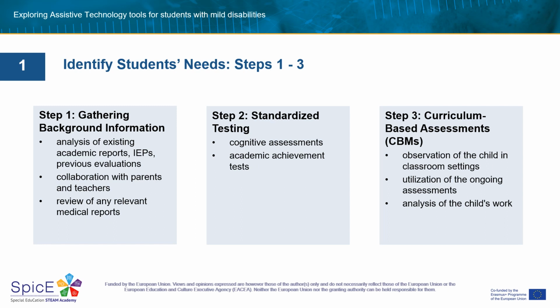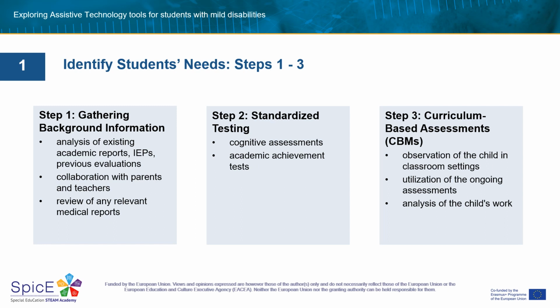The collaboration with parents and teachers is very essential to understand the child's strengths, weaknesses, learning styles, and any specific concerns they may have. This step also includes a review of any relevant medical reports to understand if there are any underlying conditions impacting learning.